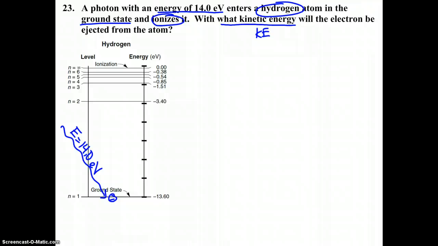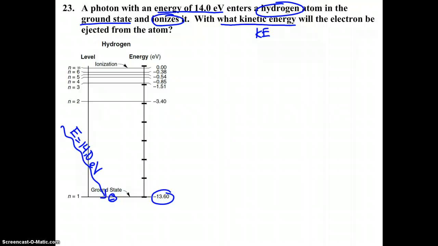The key to this question is that in the ground state, it requires 13.60 electron volts to ionize the atom. And it tells us that this electron gets ionized with the 14.0 electron volts. That's true because the photon had 13.60 electron volts or more. And when that happens, that ionizes the electron. In other words, it removes it from the atom.